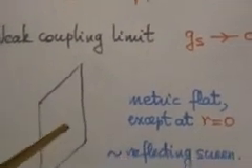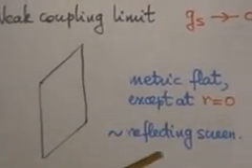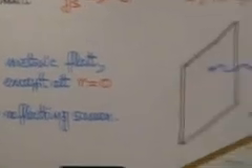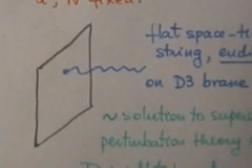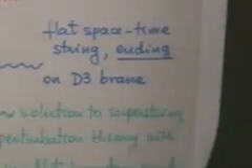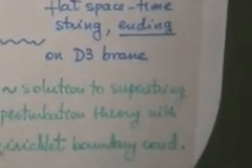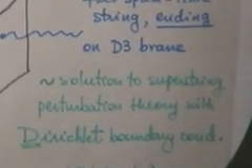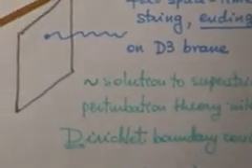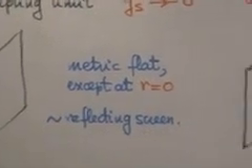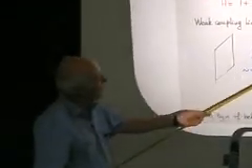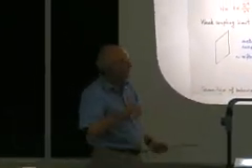So effectively, the D3 brane then becomes a screen. And it is for this reason that we can treat this extended object with the help of conformal field theory. Because in fact, it is in the g_s going to 0 limit that we treat this object essentially as a planar defect, and we can describe the sigma model in the presence of this solution with the help of conformal field theory in the presence of the boundary.